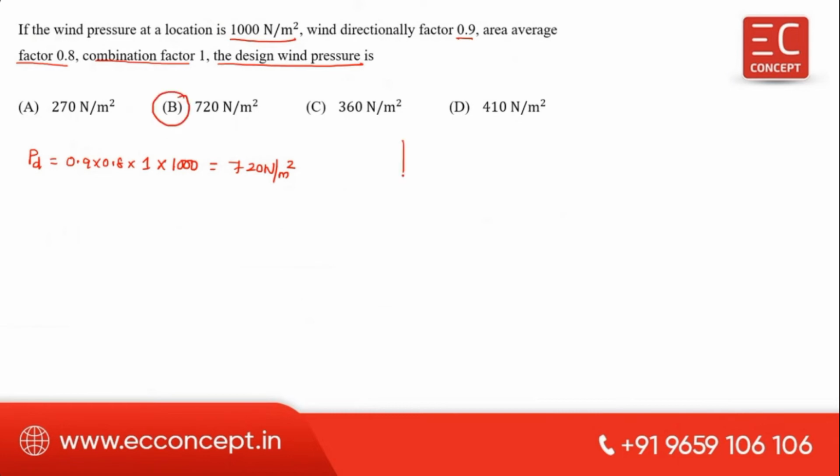But actually, put a note here: design wind pressure is equal to 0.6 V square. Okay, so this is the design wind pressure.